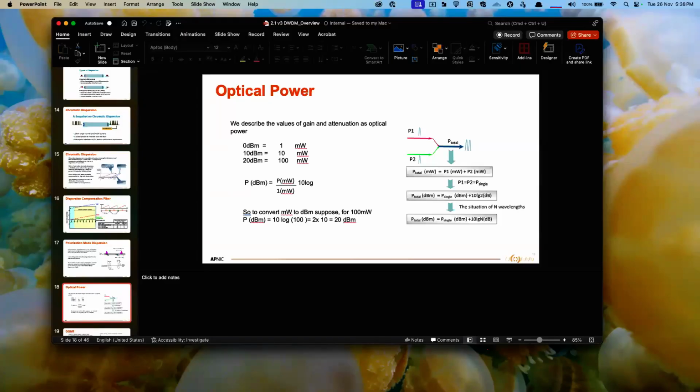So what happens when you use C-band, you are using all the wavelengths in the C-band with 50 gigahertz or 100 gigahertz spacing, right? So some vendors push that limit a bit far and come up with some more wavelengths, which they call extended C-band, and then they go to L-band.